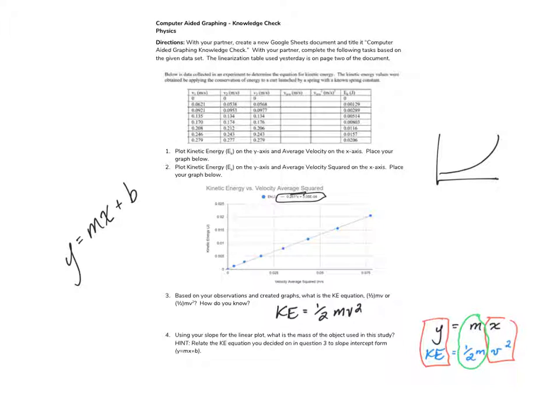So we can actually calculate what that mass value is now. I know that my slope value was equal to 0.261, and that's equal to 1/2 mass. Therefore, mass is equal to 0.522.